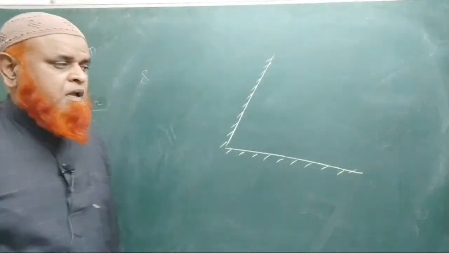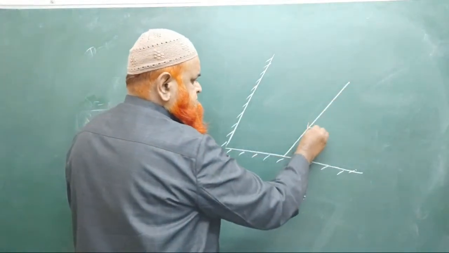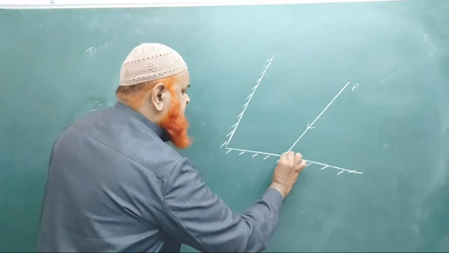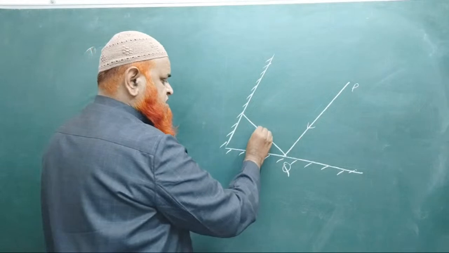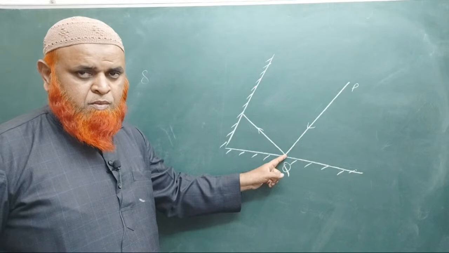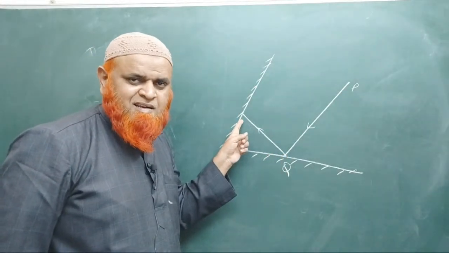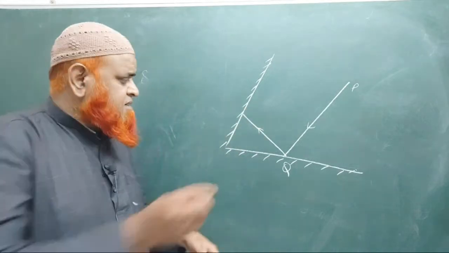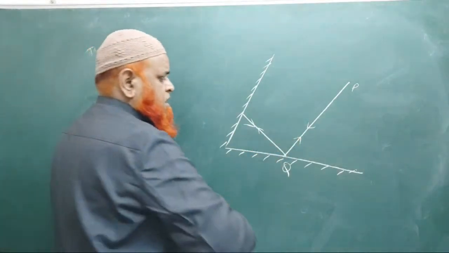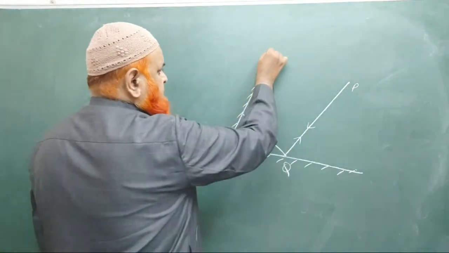See here. Light ray is entering in this direction, that is PQ, and it is striking this mirror in this direction. First reflection, second reflection. After second reflection, it is retracing back. So now let us take this as OM.